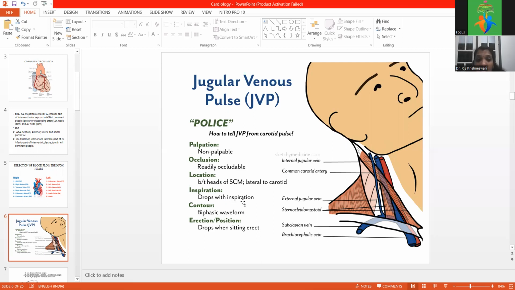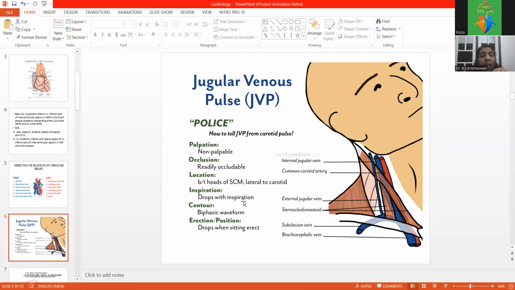Then, it drops with inspiration. That is, the height of the jugular venous pulse reduces with inspiration. The contour is a biphasic waveform. So when we draw the jugular venous pulse in the form of a wave, it is biphasic, and it drops when sitting erect. So inspiration and also sitting erect will reduce the height of the jugular venous pulse.